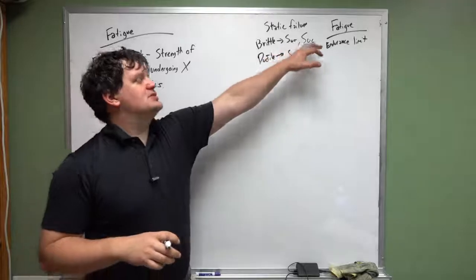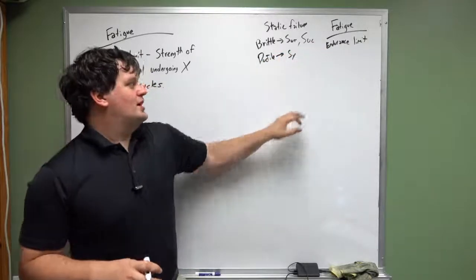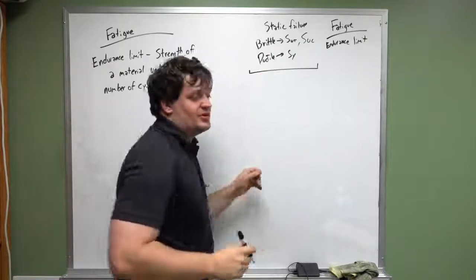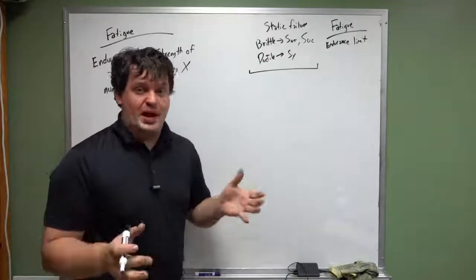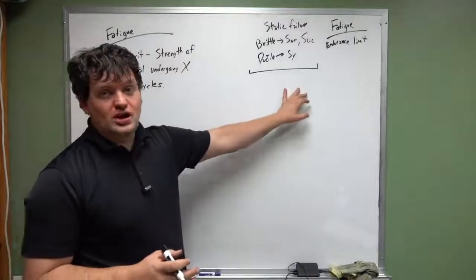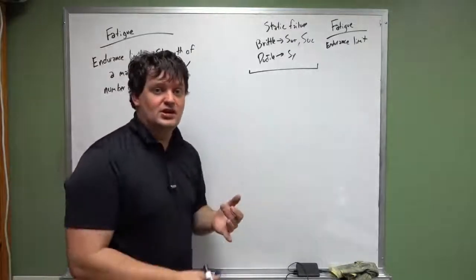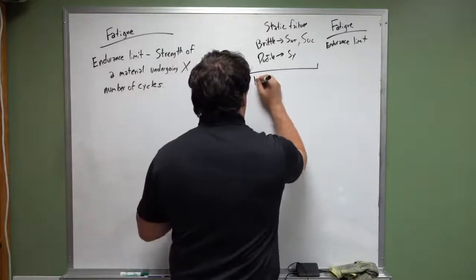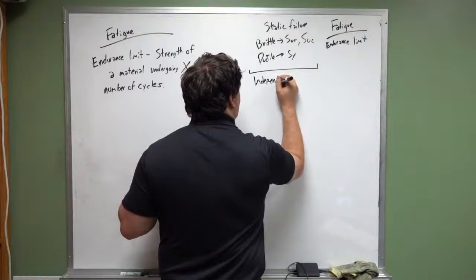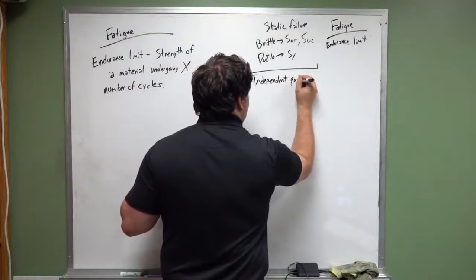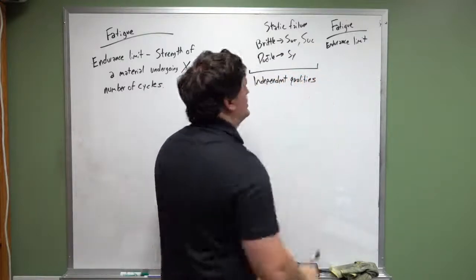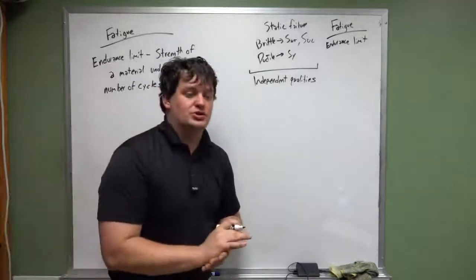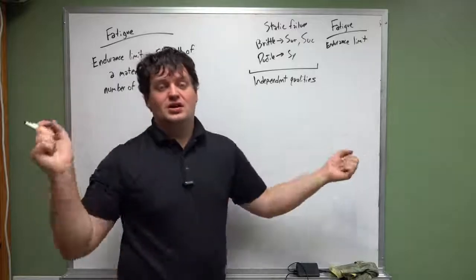And the endurance limit is ultimately what determines what the maximum strength of that material is. So if you're talking about SUT, SUC, or SY, these values can be determined for a material, for an entire batch of materials. These values do not depend on the loading frequency, do not depend on the loading nature really at all. So these are independent qualities. These are things that we can measure about a material anywhere. You can do a tensile test on an item, very simple.